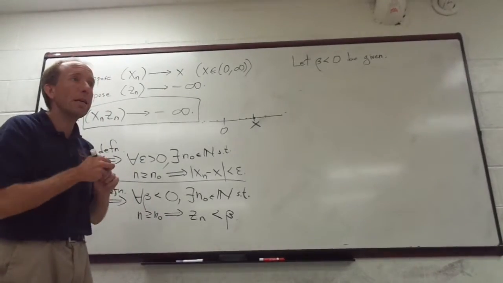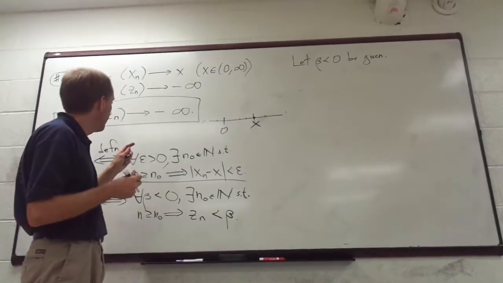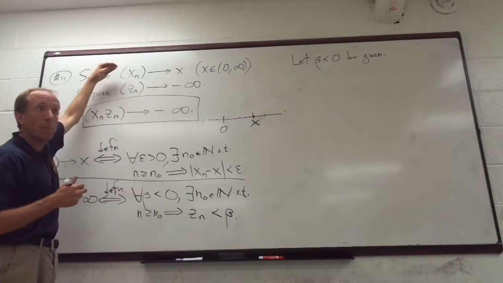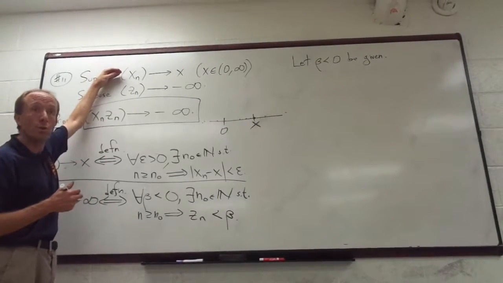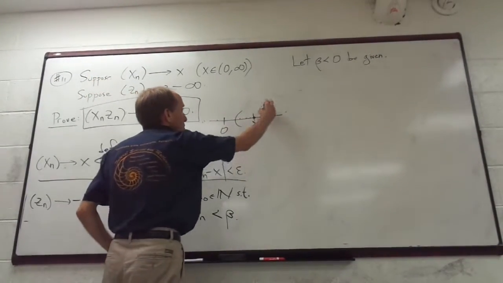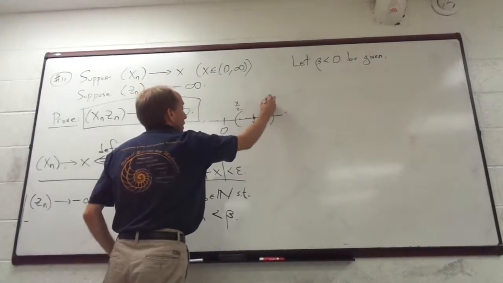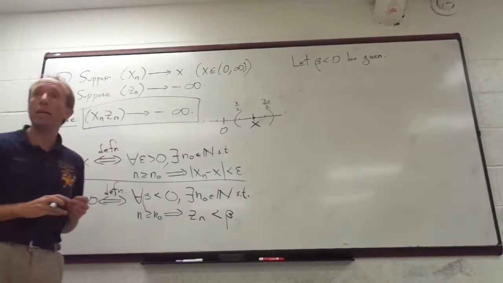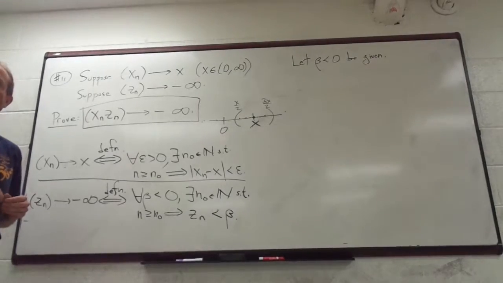So I like choosing epsilon. I'm going to choose x over 2 as my epsilon, which makes an interval like that.